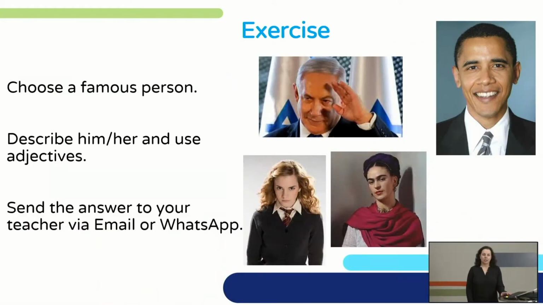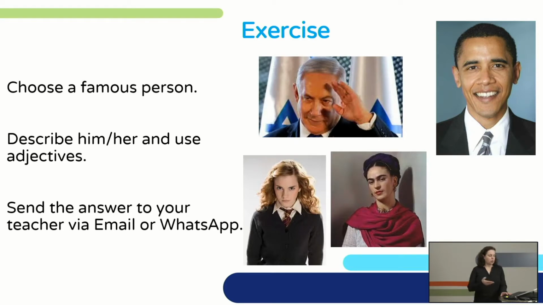Now there is a short exercise, and while you complete this exercise, we will take a short break of about 20 seconds or so, time for you to complete the exercise. Choose a famous person. Do you know these people in the pictures? You can either choose a famous person from here or another famous person that you know.